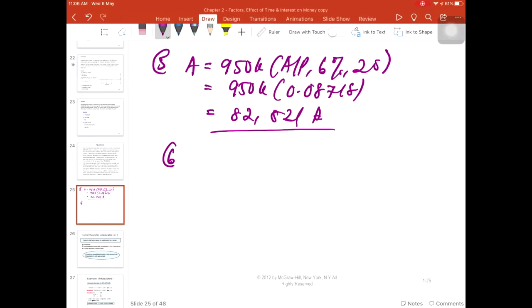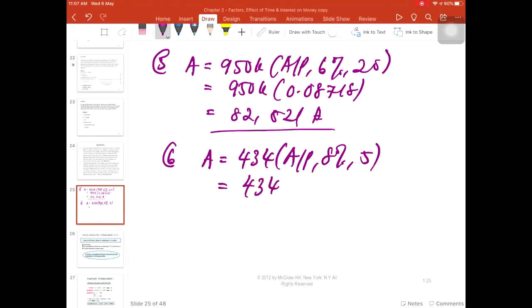Okay, for number 6, you have to find A also. The P is given, 434. A over P, 8%, 5 years.